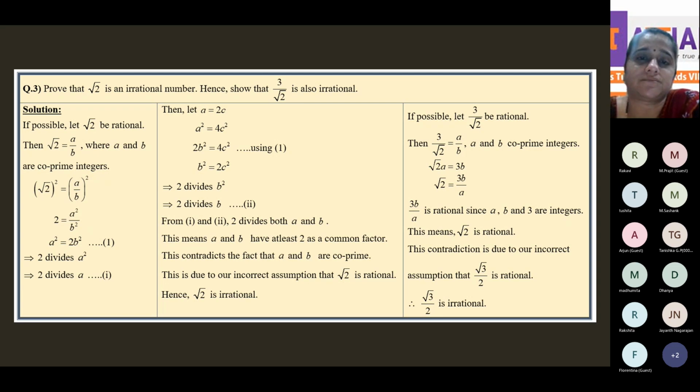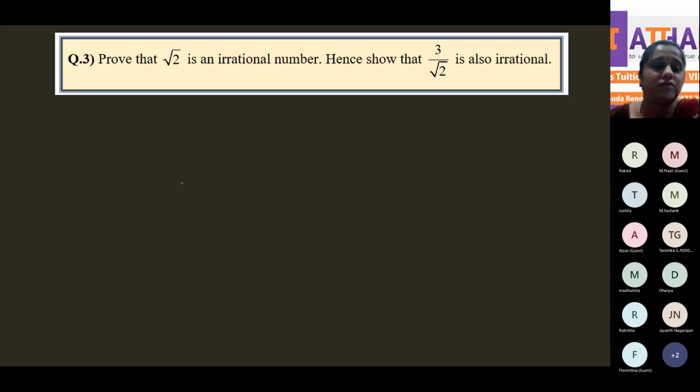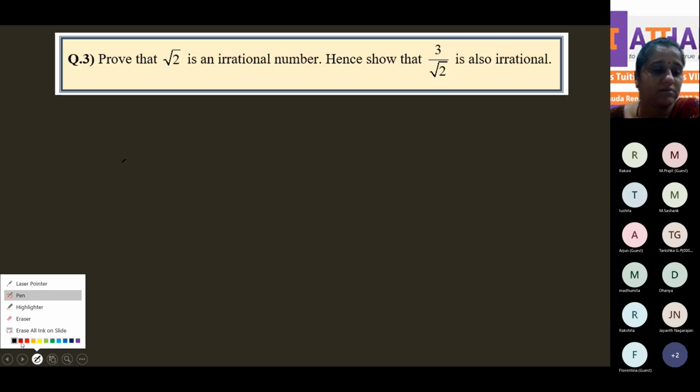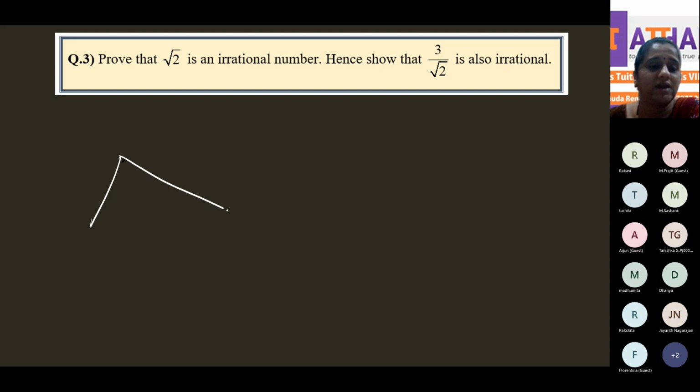It's like a theorem. For example, we have a triangle. Supposing this one is 40 degrees, this is say 50 or 60 degrees. What's the measure of this angle? 80 degrees.